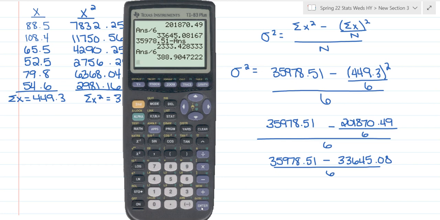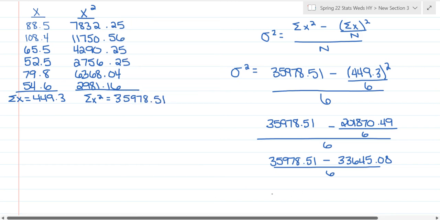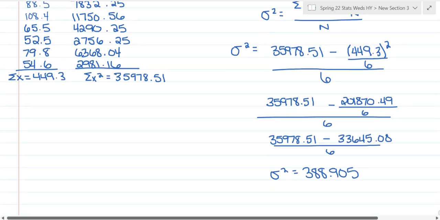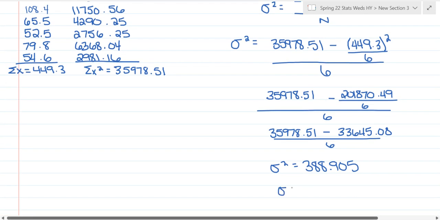I get 388.90, and I think it's 3 decimals in your homework. So 388.905. So that's your variance, 388.905, which means then the standard deviation is the square root of that.